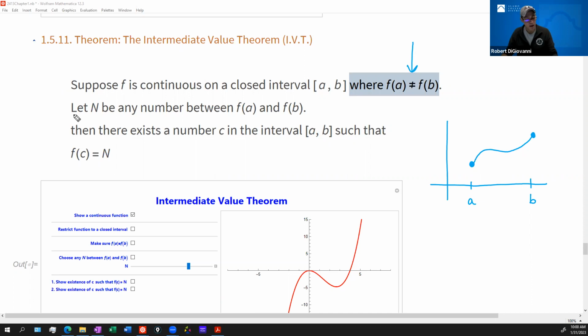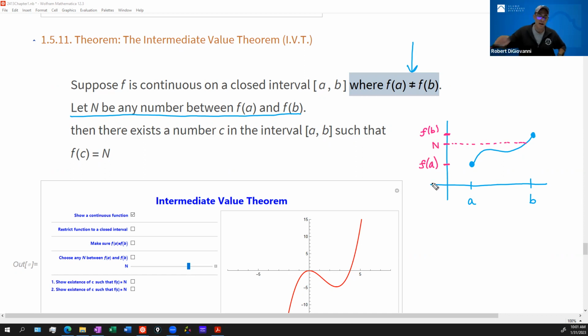Then the theorem says, okay, well, let N be any number between those two values, f of a and f of b. So I'm going to go back over to my picture here. I'm going to pick some value, capital N, that is somewhere between the height of this point, f of b, and the height of this point, f of a.